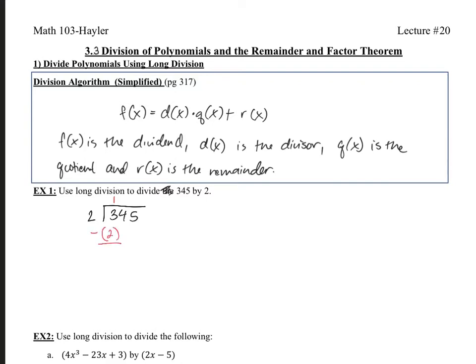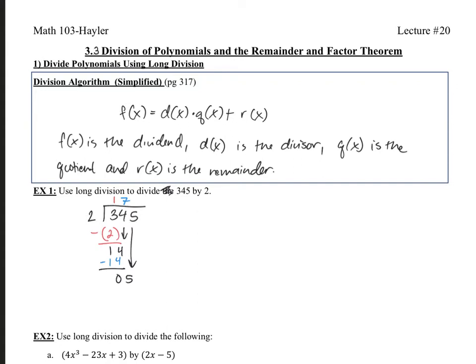And then we take what's left, so we have 1. We bring down the next item, 14. How many times can 2 go into 14? 7 times. And then we do 7 times 2, which gives us 14. We do the subtraction, and we get 0. Then we bring down the 5.